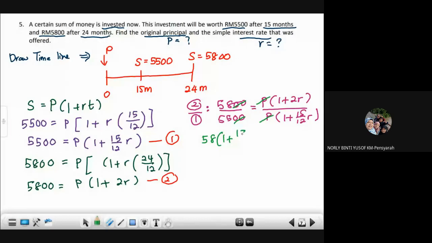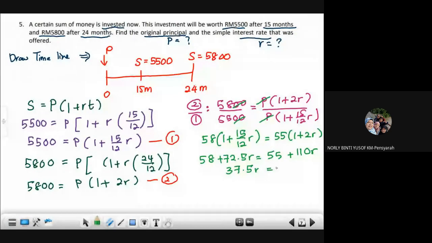1 tambah 15 per 12 R, 55 kali 1 tambah 2R. Buat naik atas, ni pun sama. Dan you expand, you dapat 58 + 72.5R = 55 + 110R. Lepas tu solve, R dia dekat kanan, kumpulkan like terms, 55 dengan 58 pun sama, dapat 3.